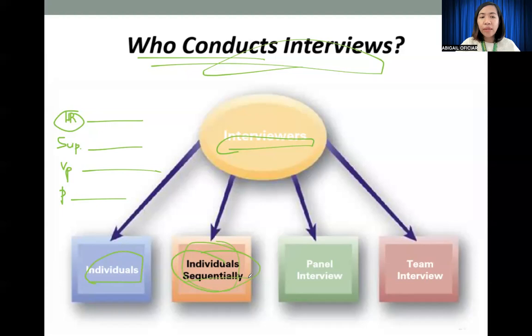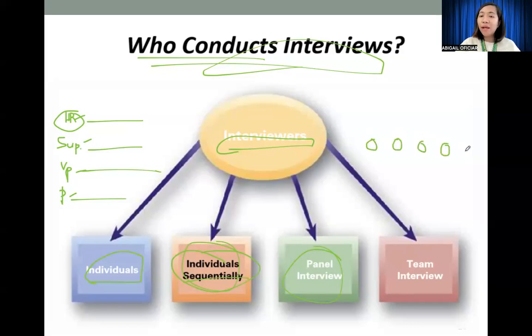Pero sequential, meaning sunod-sunod. Hindi sila sabay-sabay, pero magkakasunod. Si HR muna, supervisor, then after nun si VP, then si president. That is individual sequential.